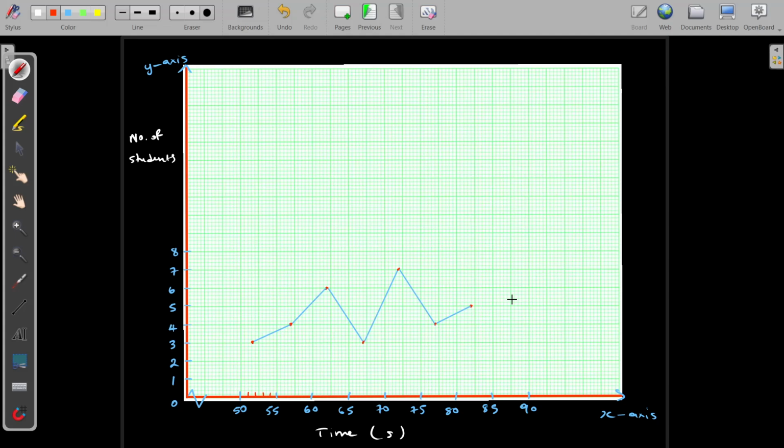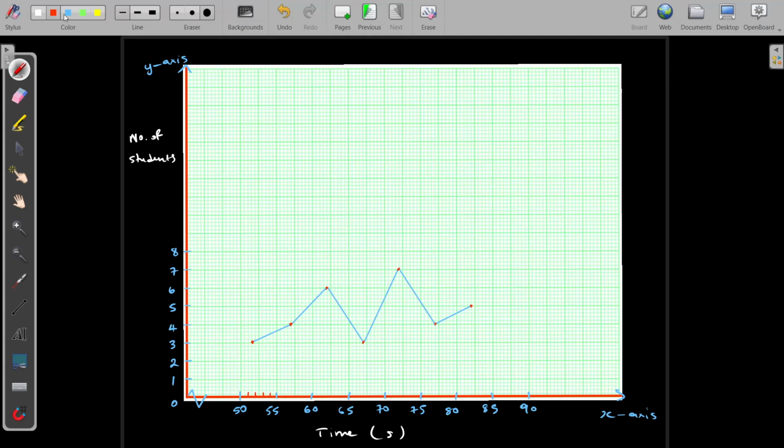So remember, we need to have the same distance between each point. So if this point is at 52, what would the point over here be? And we know that the distance between each of them is 5.